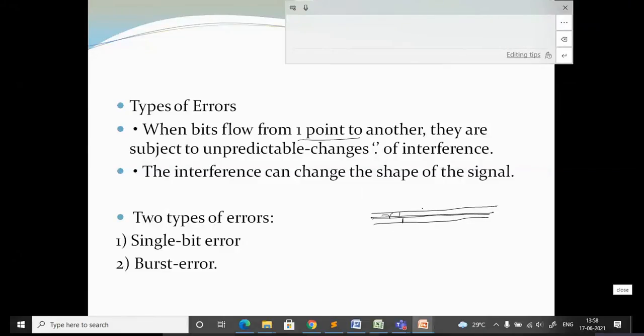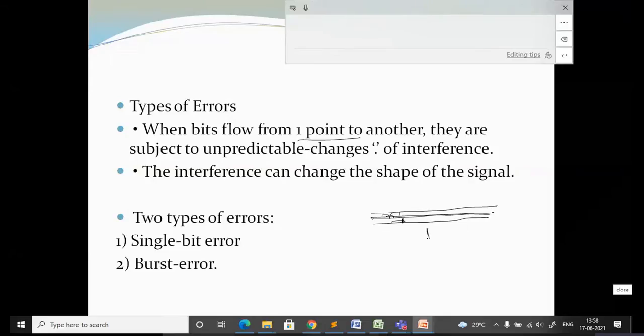Here, interference means there will be interfering of signals from this channel to this channel. Whenever they are traveling, there will be interference between these two signals, and due to that it may introduce errors. Interference can change the shape of the signal.